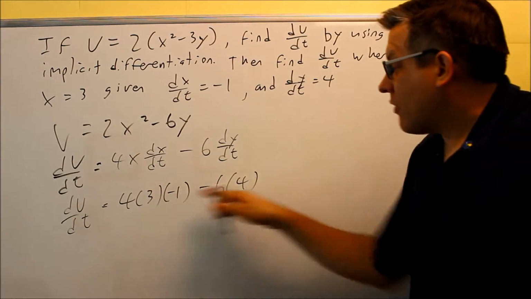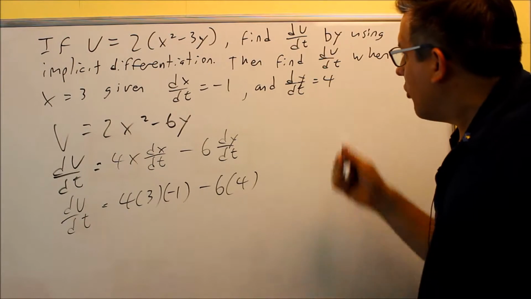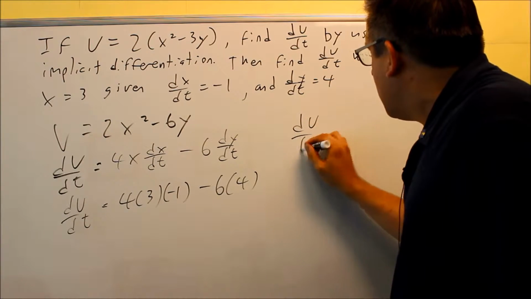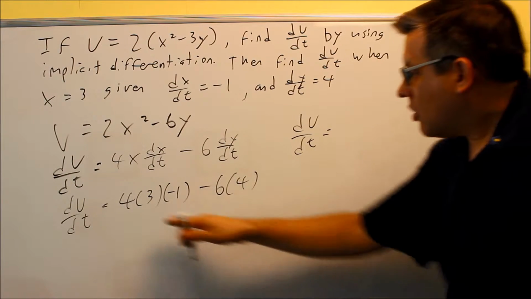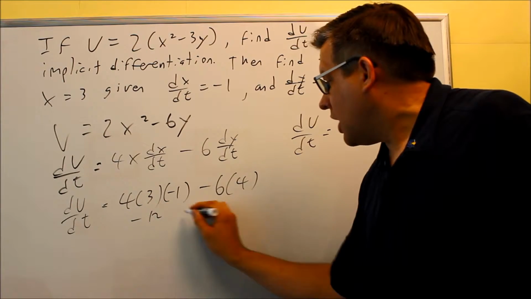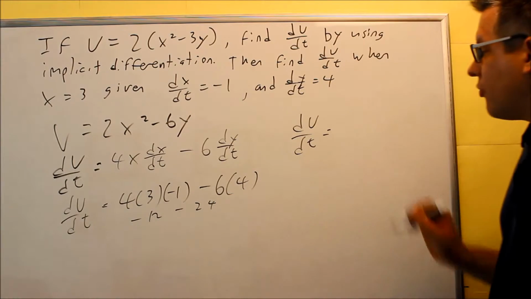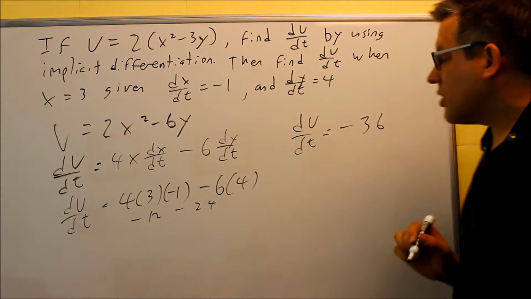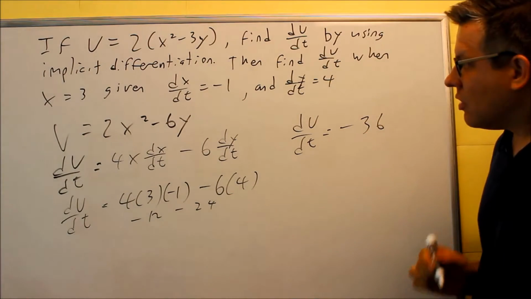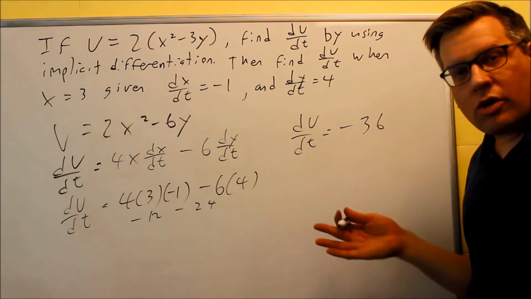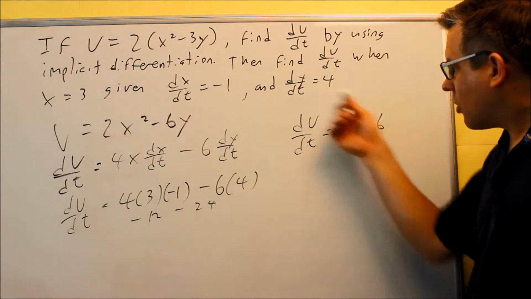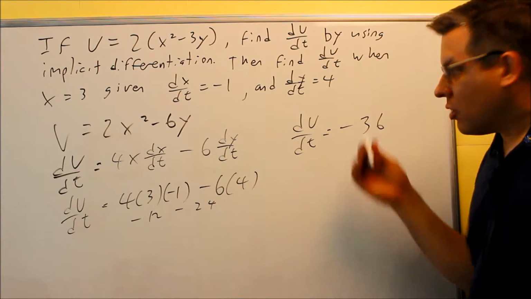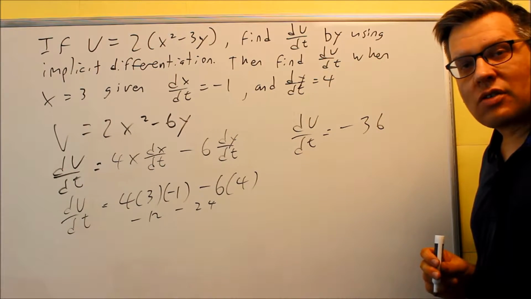So now I just have to work this out, and that's going to give me the exact answer numerically. This is -12, and we have minus 24. So our answer is going to be -36. Do we have any units with this? No, not on this problem, because for these other dimensions no units are given, so it's okay to just leave our answer as a number. dv dt is -36.